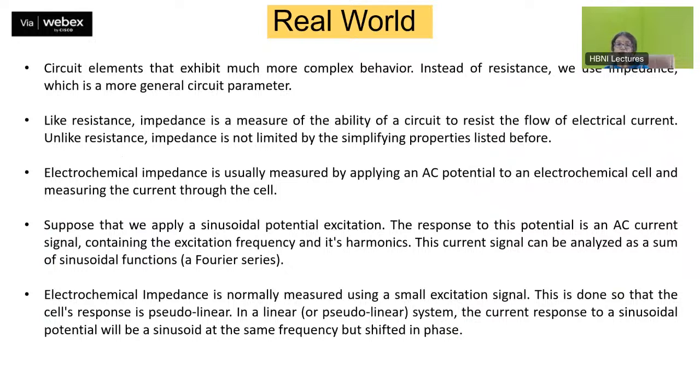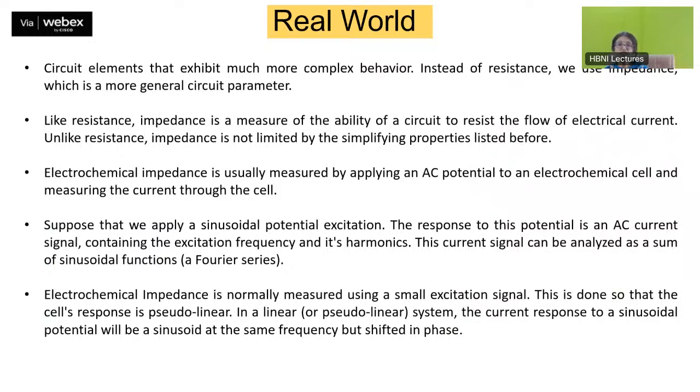But impedance, you have to remember, is not limited by the simplifying properties by which resistance is generally limited. Electrochemical impedance is measured by applying an AC potential to an electrochemical cell and measuring the current through the cell. Suppose you are applying a sinusoidal potential excitation. The response to this potential is going to be an AC current signal.